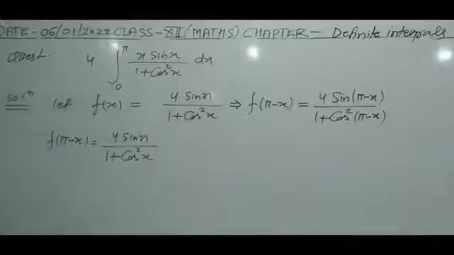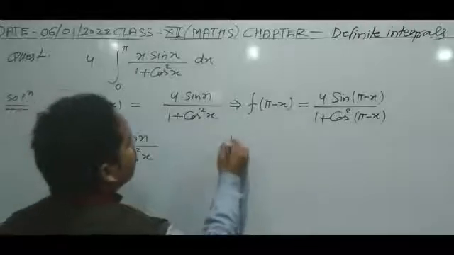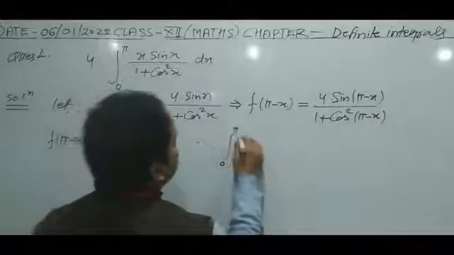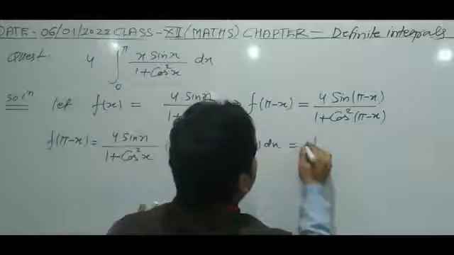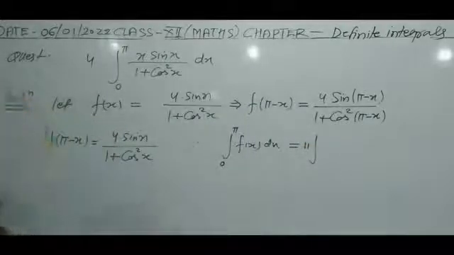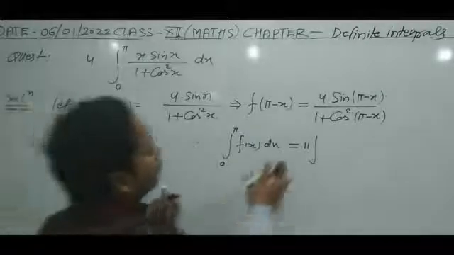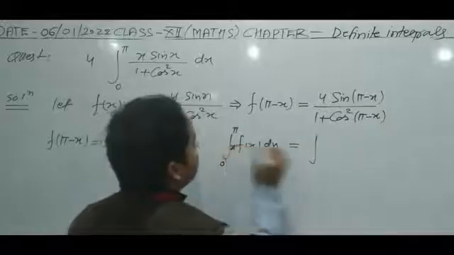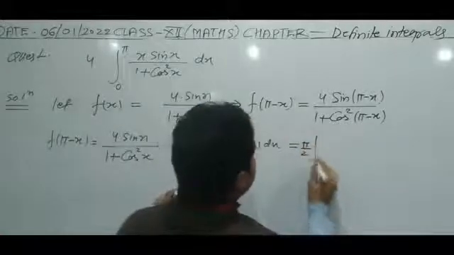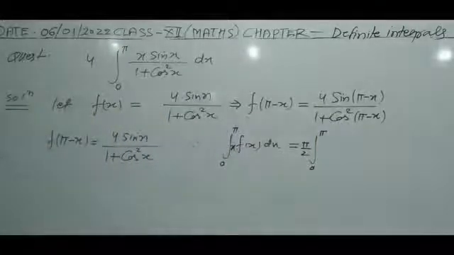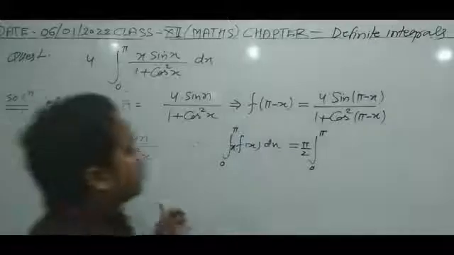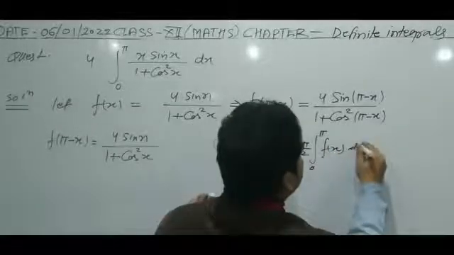Here is the property for f of x is equal to f of a minus x: integration over 0 to pi of x f of x dx is equal to pi by 2 times integration over 0 to pi of f of x dx.